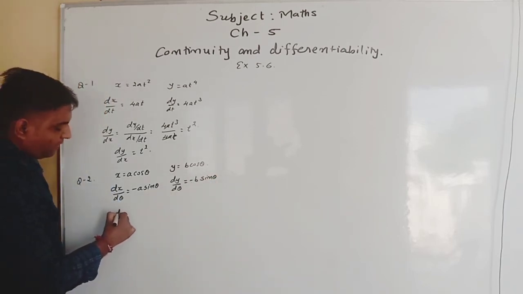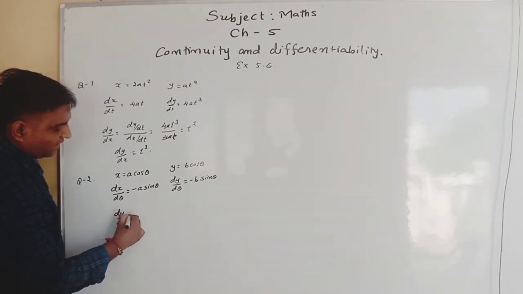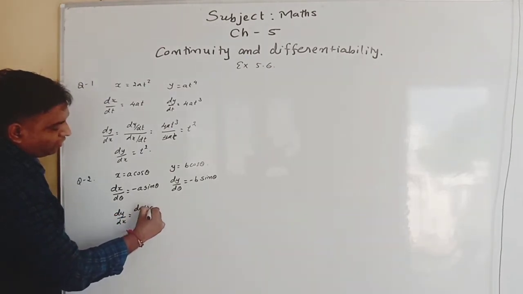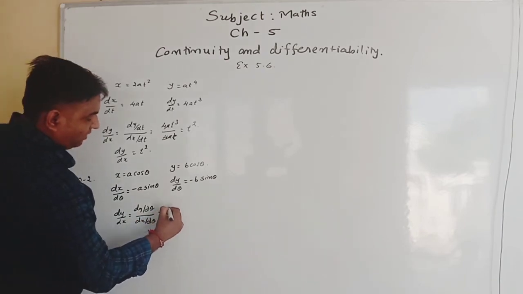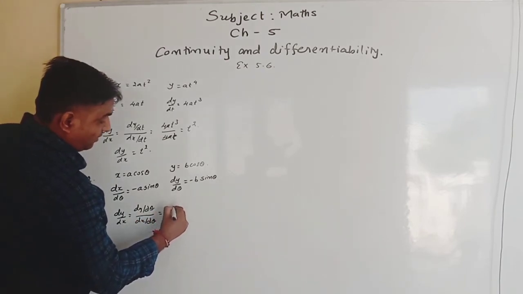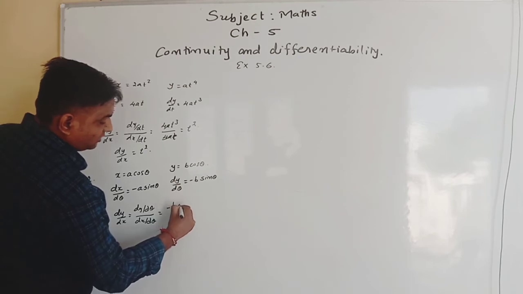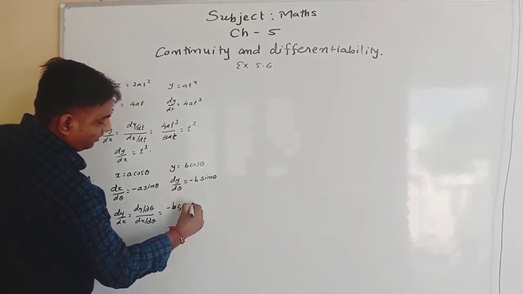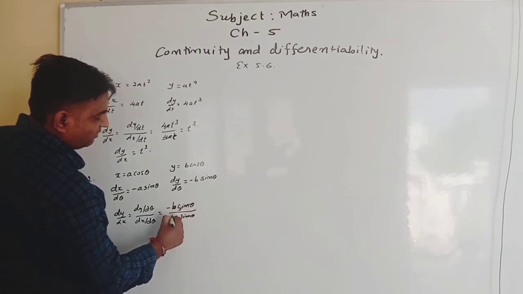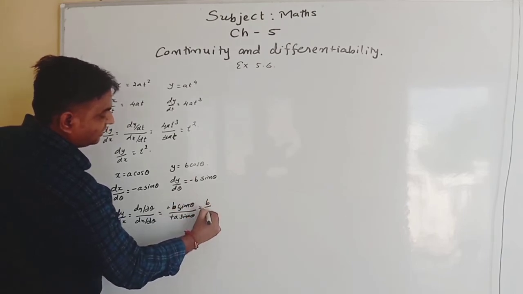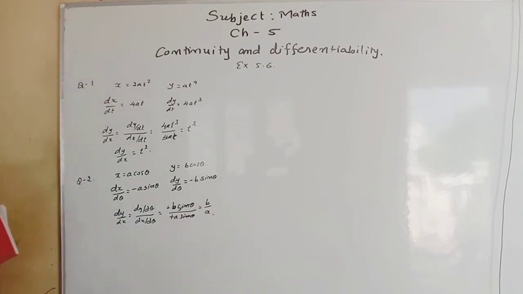And so dy by dx equals to, we can write dy by d theta upon dx by d theta, and so it will be minus b sin theta upon minus a sin theta. So sin theta cancel, minus minus cancel. So answer is b by a.